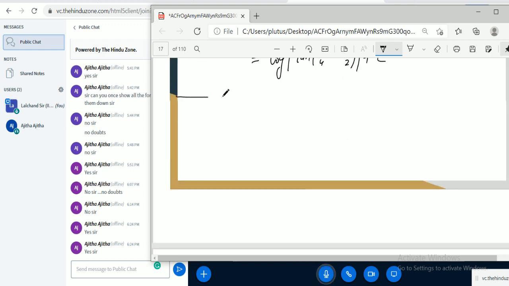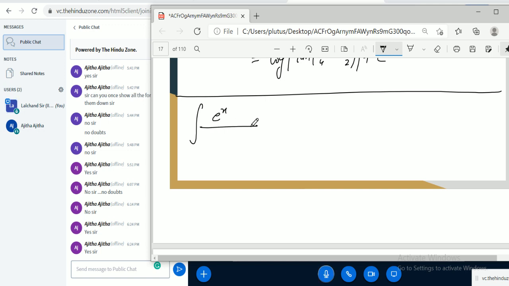So our next question will be integral of e to the power x divided by e to the power 2x plus 6 into e to the power x plus 5 into dx. To find this integral, can you solve this integral?